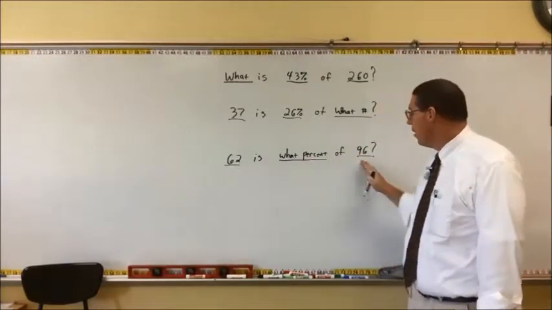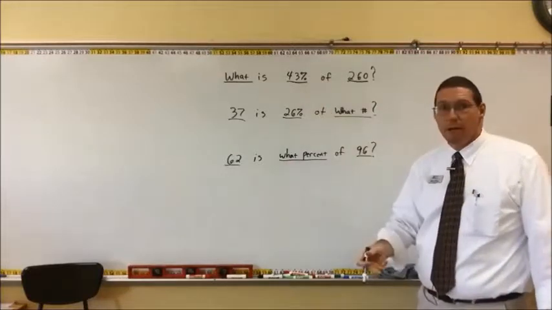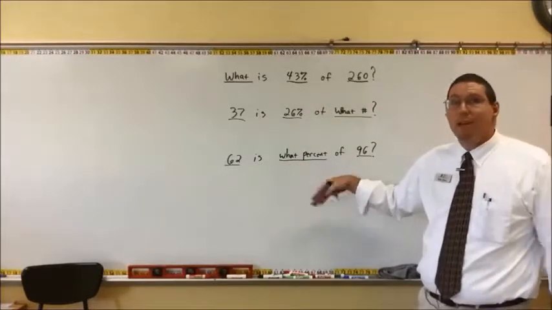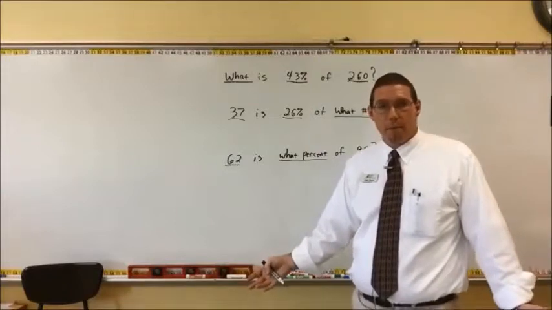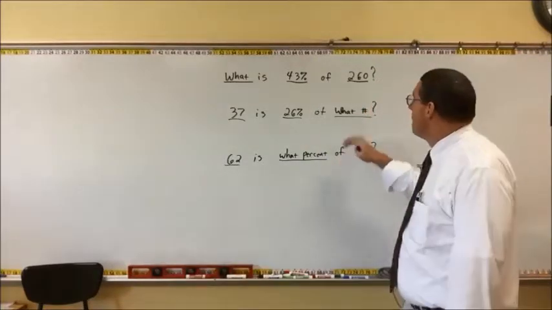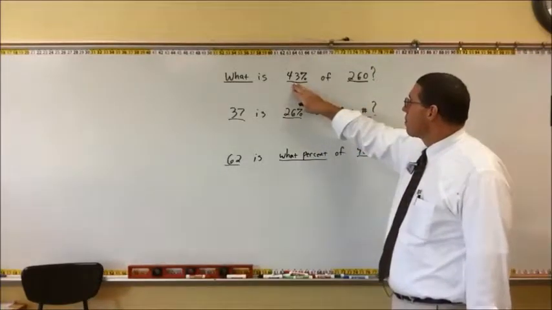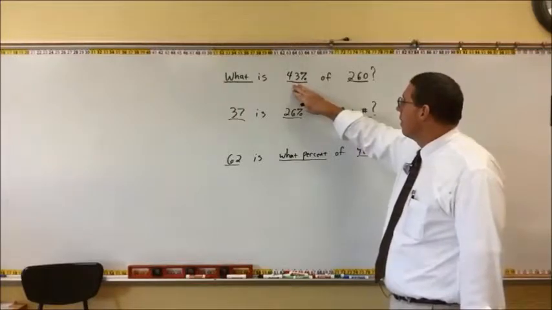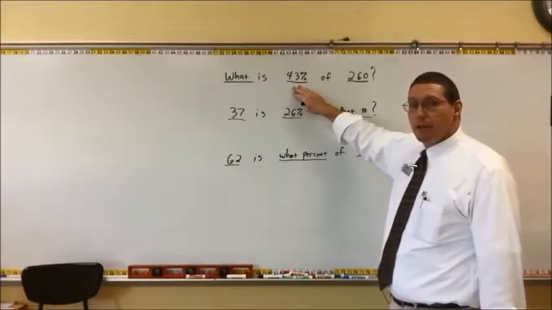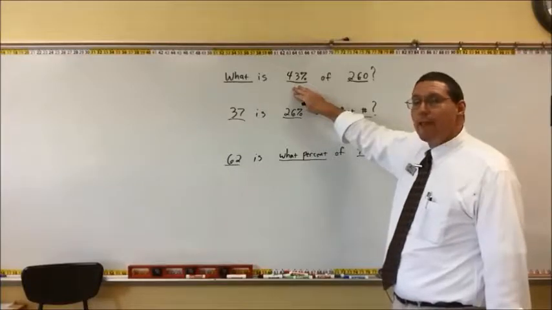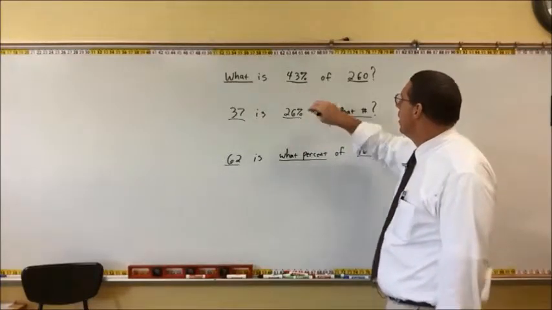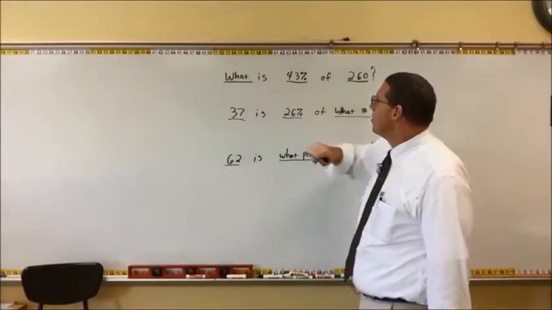Now, here's a dead giveaway. If neither of the numbers has a percentage symbol after it, and you see the phrase "what percent," you're trying to identify a percent. If one of the numbers has a percent, then you know you're not looking for a percent; you're looking for one of the other two numbers. Then you have to decide: there's the "of" number and there's the "is" number.